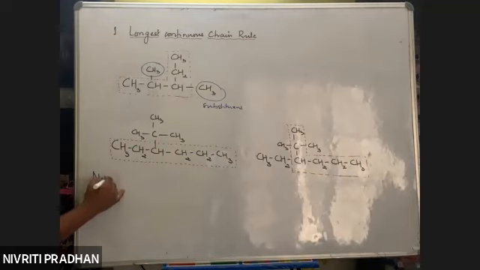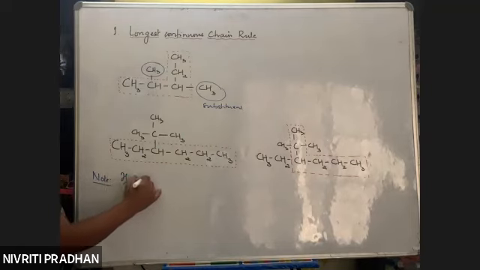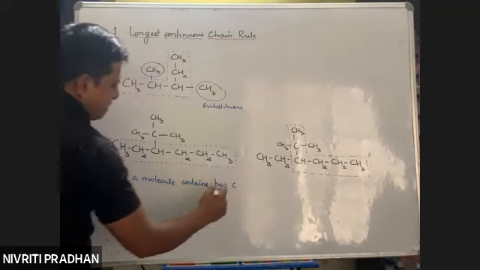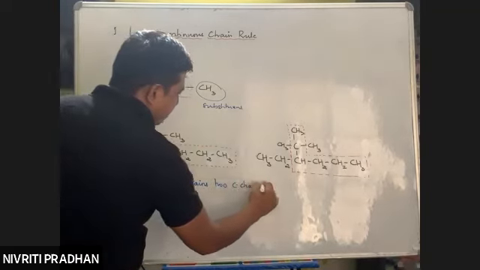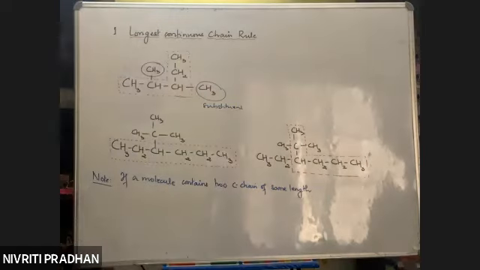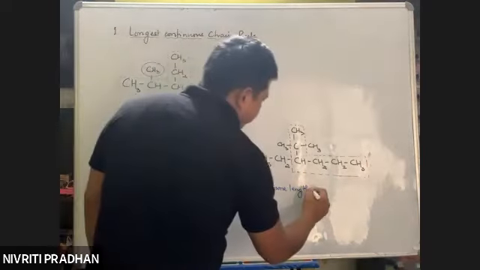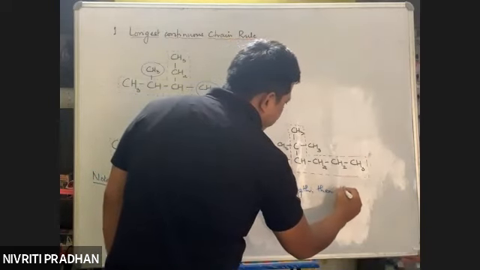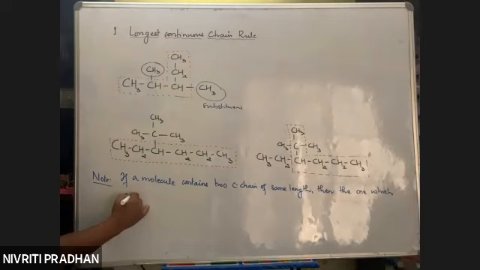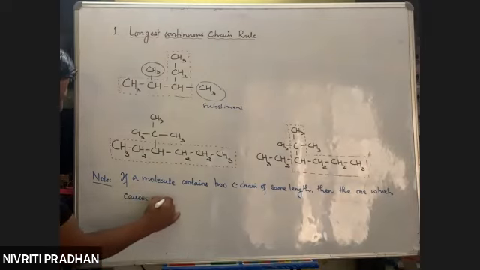In case a molecule contains two carbon chains of the same length, then the one which carries a greater number of branches is considered to be the parent chain.